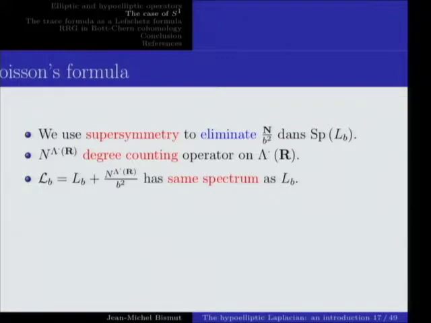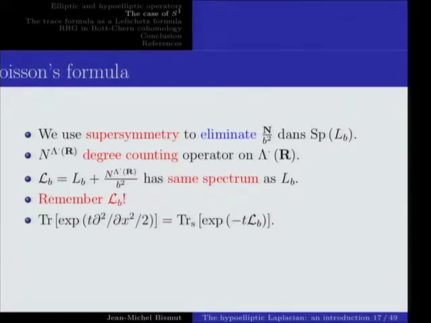And what I do now, instead of looking at the operator LB acting on functions, I make it act on differential forms. Of course, the spectrum is unchanged, and you should remember this operator LB. I'm sure you will remember it, but in due time, I will remind it to you. So what you ultimately get is the following formula, from all the computations I did: the trace of the original heat operator on S1 is equal to the difference of traces, the supertrace, of the heat operator for LB.